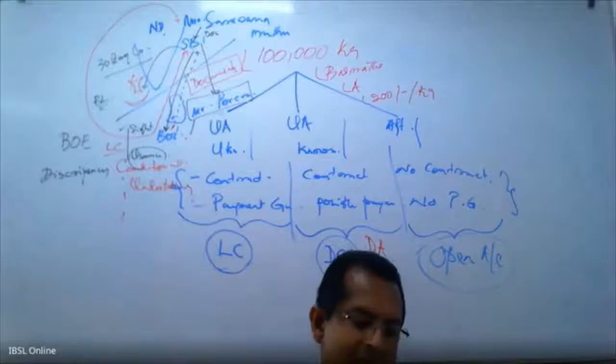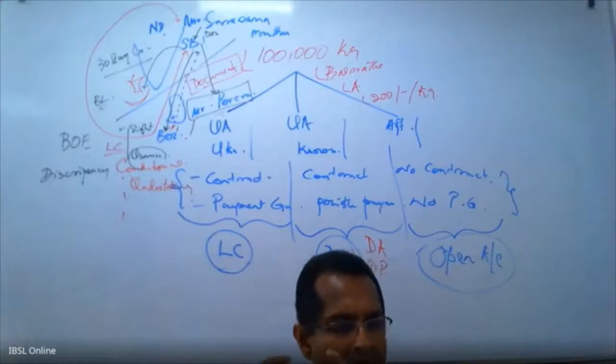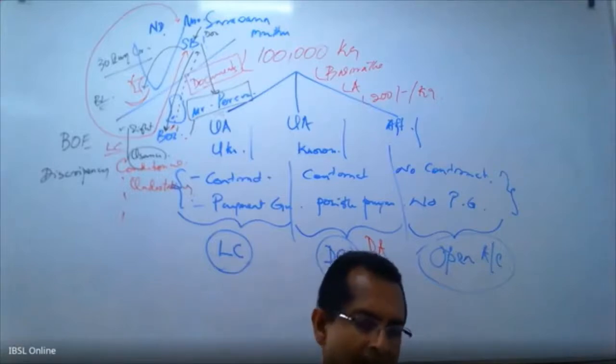So on the shipping guarantees, if the bank is issuing a shipping guarantee, is there any payment liability to the bank at the maturity date, on the due date? Yes, we have a liability. When you are issuing a shipping guarantee under LCs, you anyway have a liability, right?